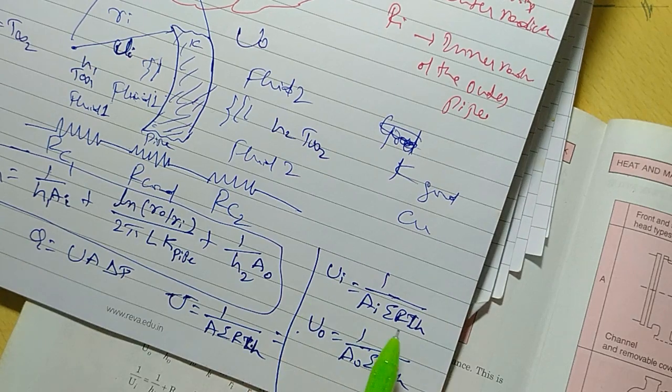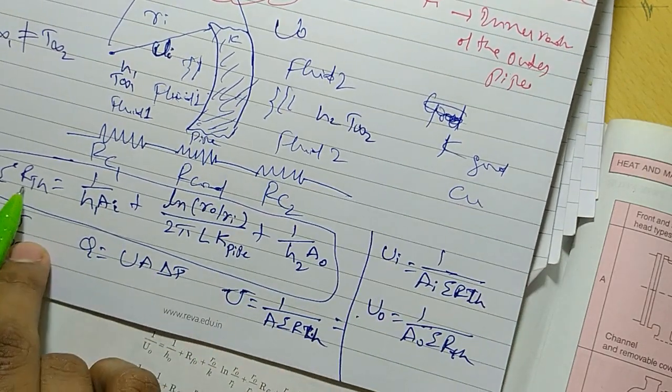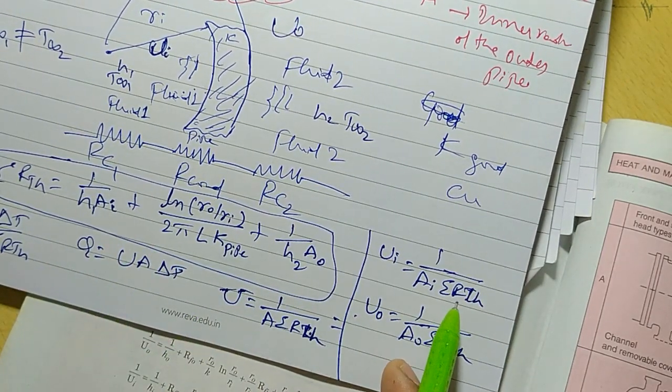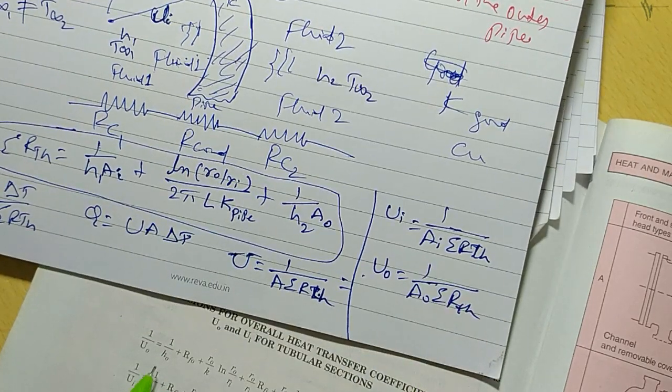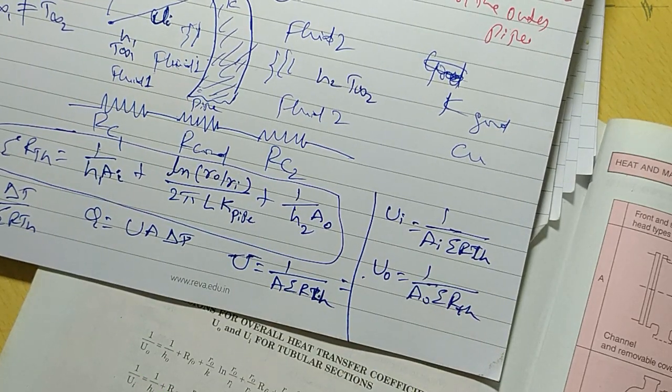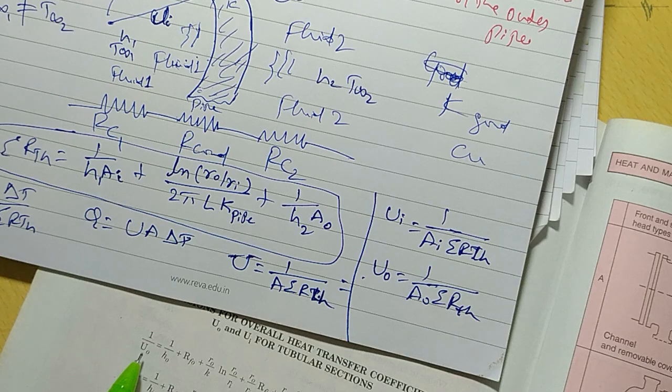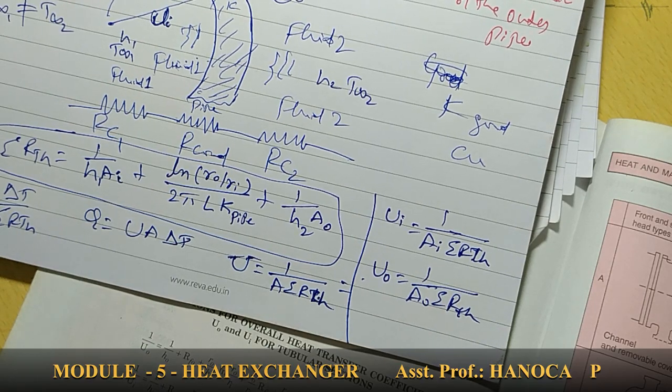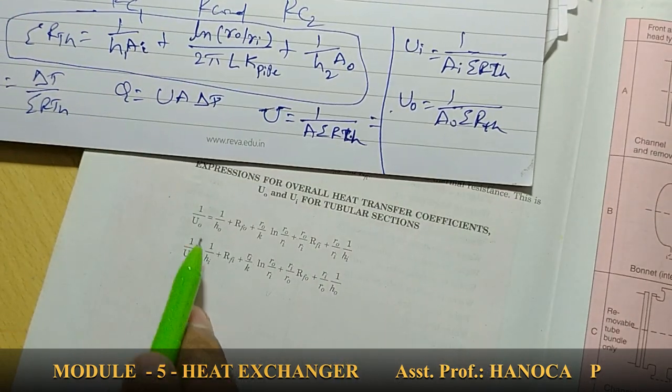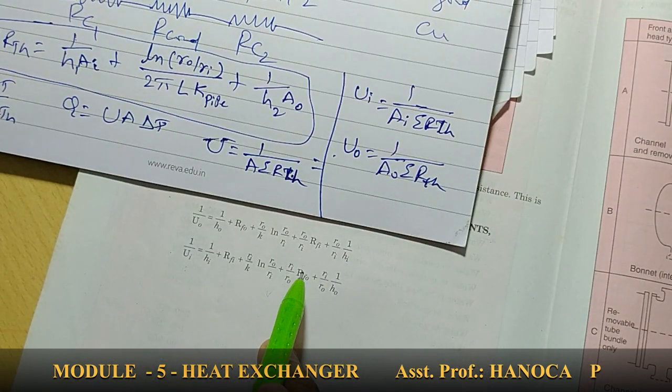Suppose if you take Ui, substituting the sigma R_th, after simplification you will get these terms. Here they take 1 over U naught and 1 over Ui. For solving the problems, you take it in this manner only.